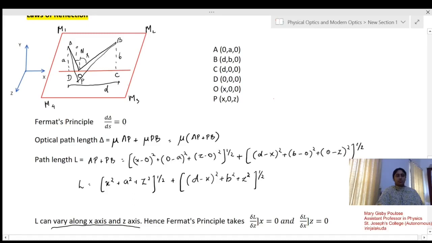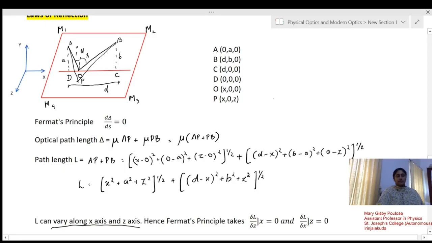z equal to 0 implies that the light ray can reflect only upon this line. Light cannot move along the z-axis, either in the positive or the negative direction. Hence, it can vary only along the x-axis. That means it can move only along this line, so light can be reflected upon any point on this line.